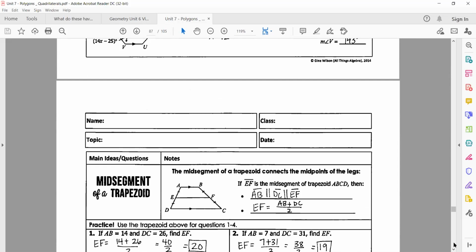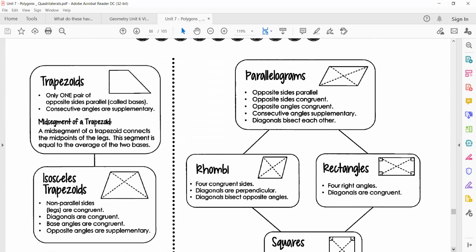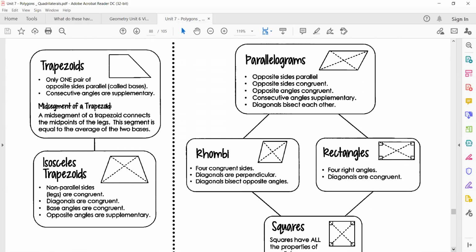No, not the trapezoids. These are the properties that you're going to need to remember, and you're going to need to work with them in order to solve these problems. Opposite sides are parallel, opposite sides are congruent, opposite angles are congruent, consecutive angles are supplementary, diagonals bisect each other.